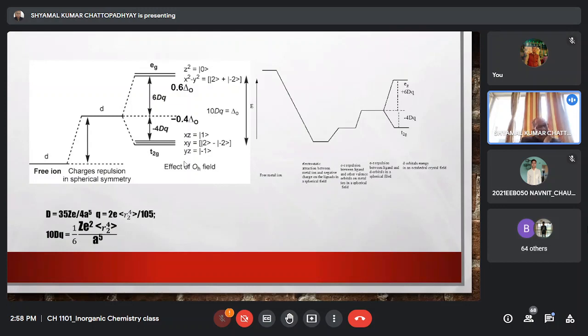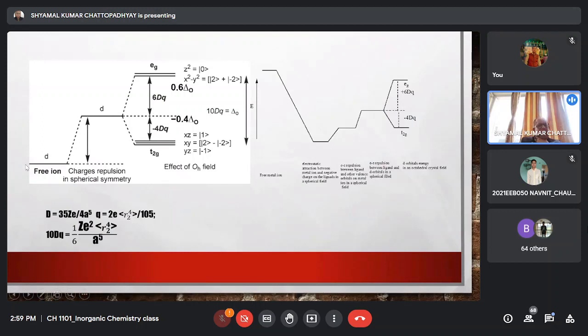Now, if this energy picture is the only energy picture to be considered, then you cannot explain why there is a crystal field stabilization.